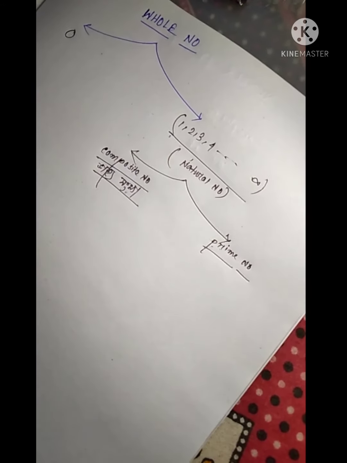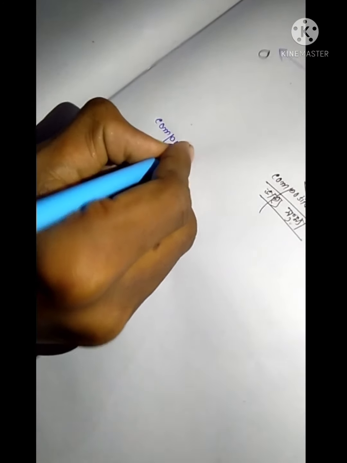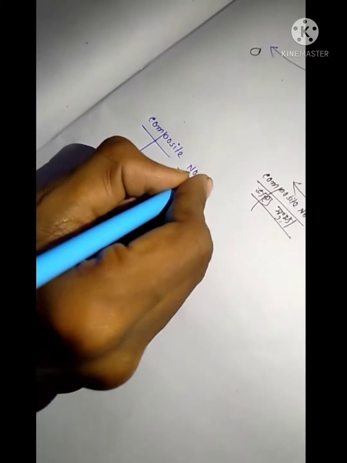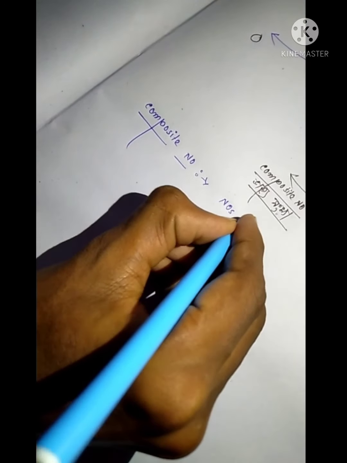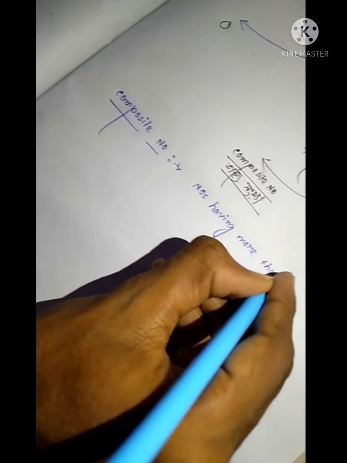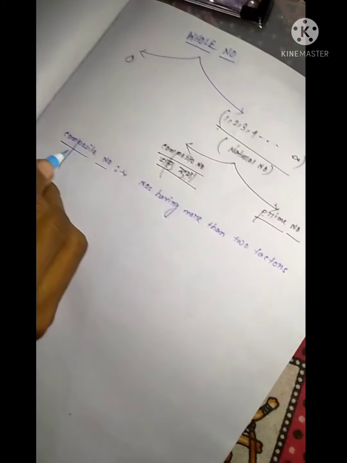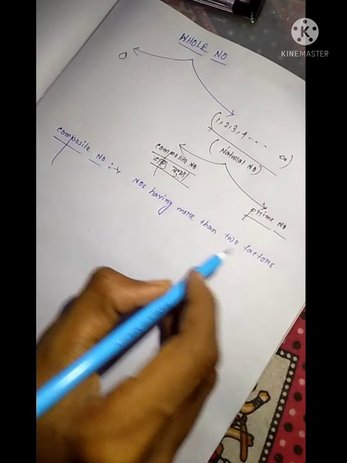Now what is composite number? Numbers having more than two factors. Now what is a factor?